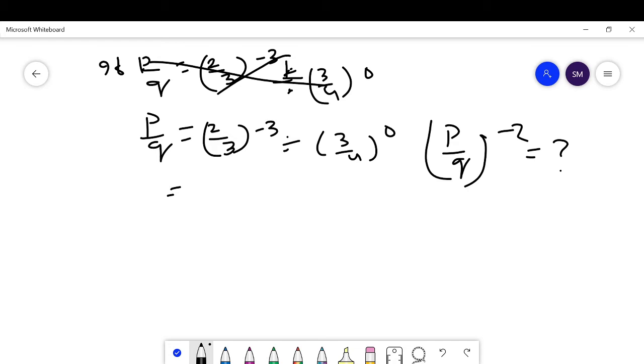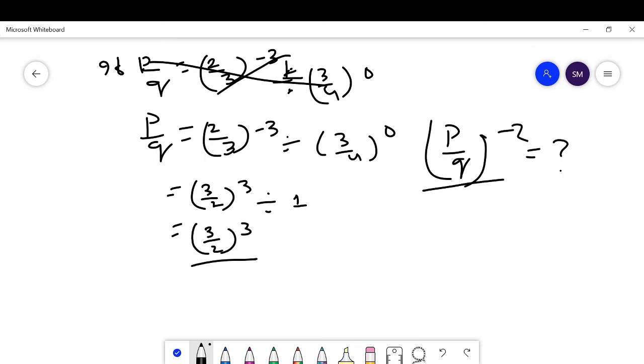(2 by 3) to the power minus 3 means (3 by 2) to the power 3. I have told you before, always change the exponent into positive. When we change the exponent into positive, we take the reciprocal of the base. (3 by 4) to the power 0 means 1. Then this is (3 by 2) to the power 3. P by Q is this.